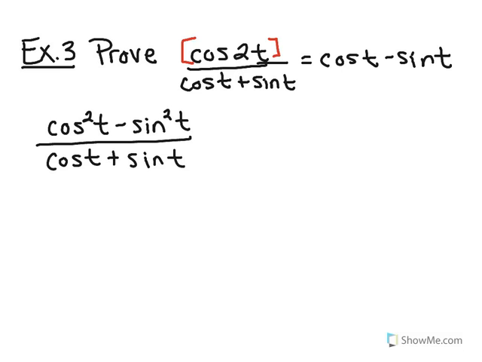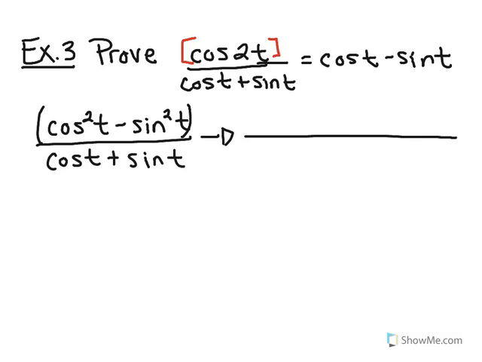So all of your rules of algebra are going to have to come into play here, and you're going to have to go back and access a lot of this in your head. I want you to take a look at the numerator right now, because as I see this, because I've practiced this many times, I notice this right here to be a difference of perfect squares. And so you're going to want to keep looking for those from here on out.